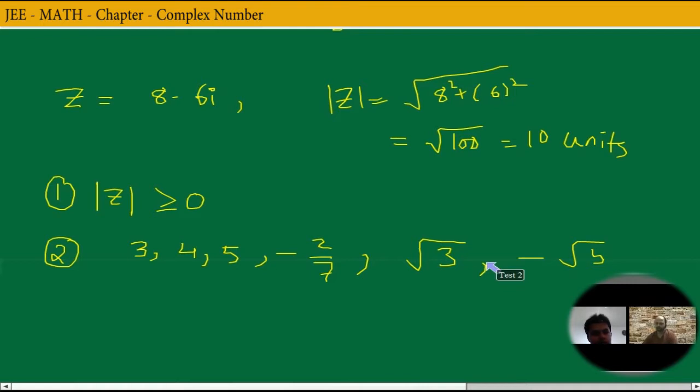Rational. Okay, you might say rational, but √3 and √5 are not, because a rational number is one where we can have the exact value. Here you won't be able to find any exact value, so it's irrational. But all these numbers are real, right?